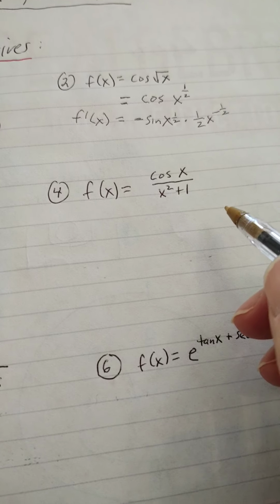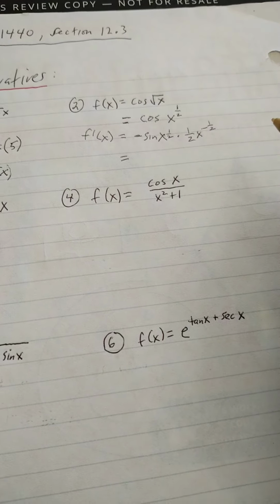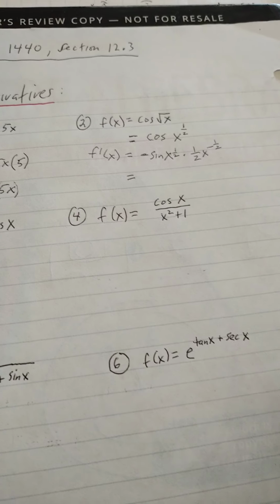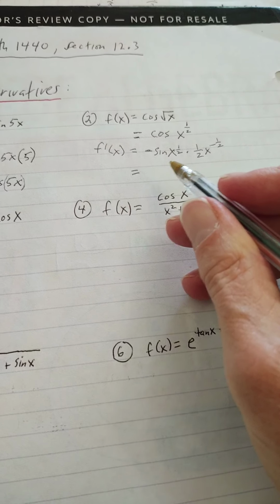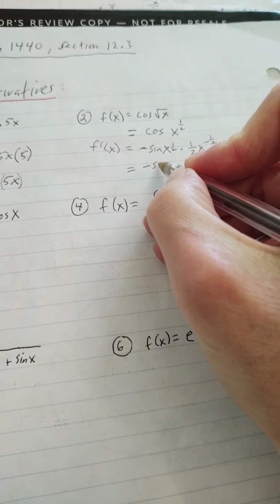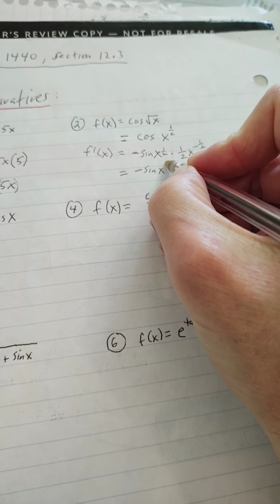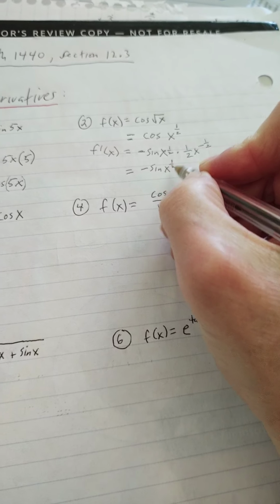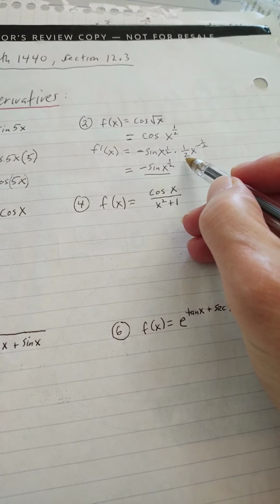Okay, let me simplify that. So this is going to equal negative the sine of x to the 1/2, that will be on top, over, so this 1/2 means 2 is in the denominator.